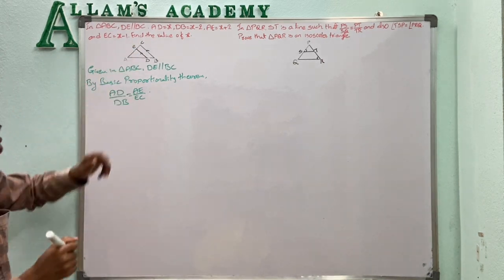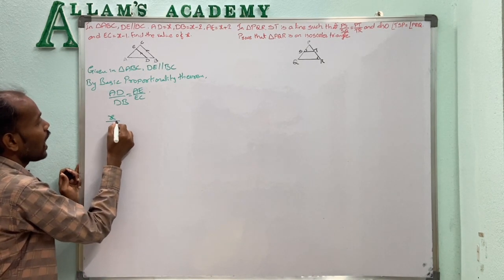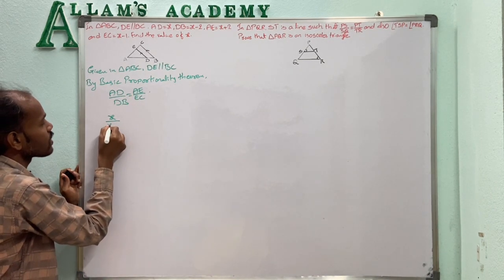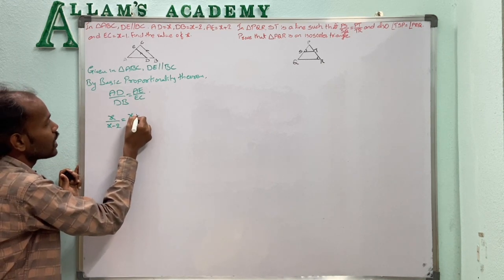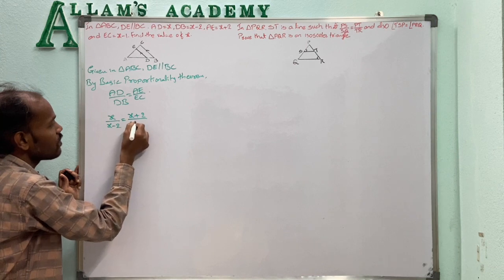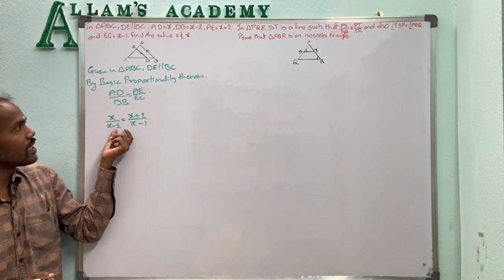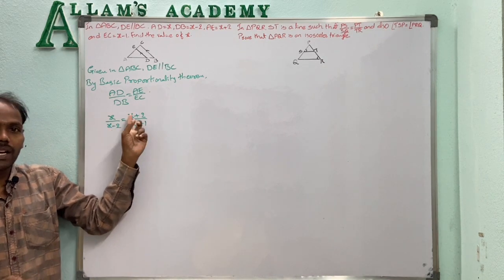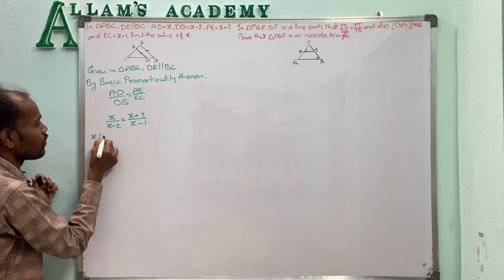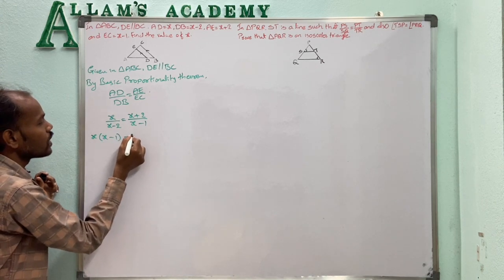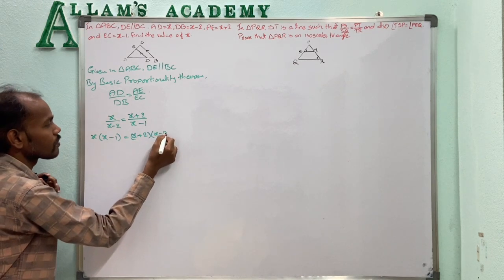So now the AD value is given here as X and DB value as X minus 2, AE value X plus 2 and EC value X minus 1. Now substituting these values and doing cross multiplication, that is x into x minus 1 equal to x plus 2 into x minus 2.